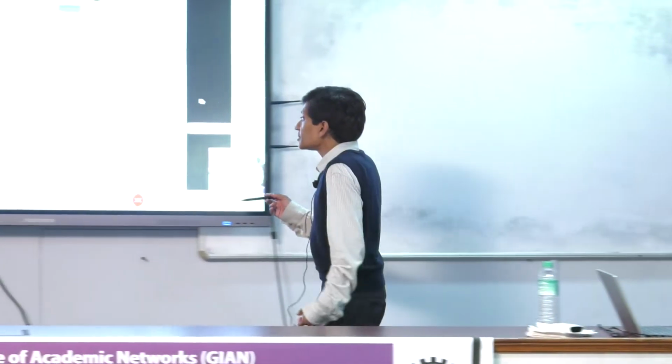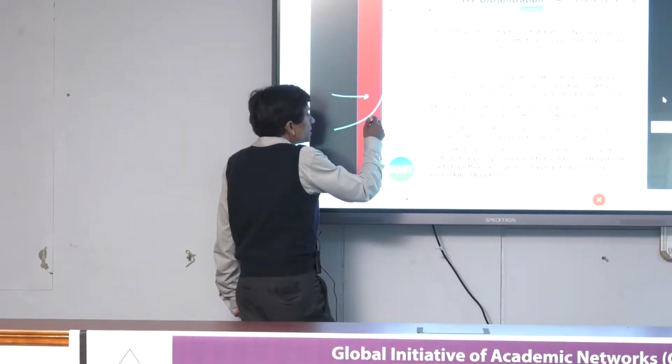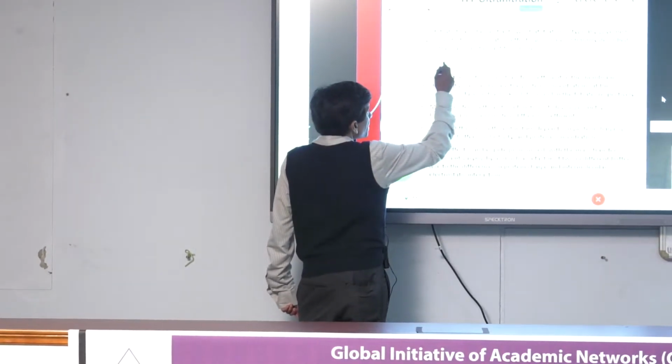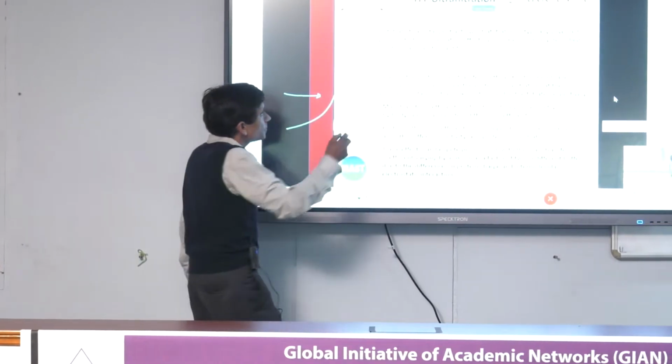So if you use this sort of model, you can do a mass balance of what comes towards the membrane, what goes away from the membrane, integrate, and you end up with an expression like this that tells you the flux is equal to k times the log of (Cw minus Cf) over (Cb minus Cf).